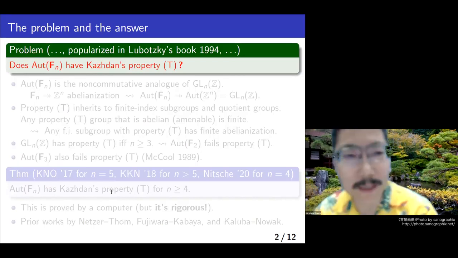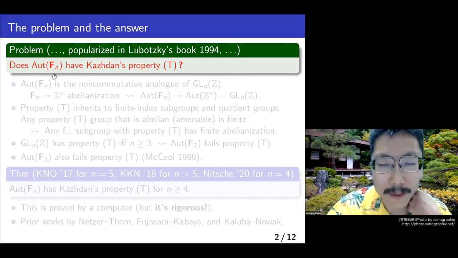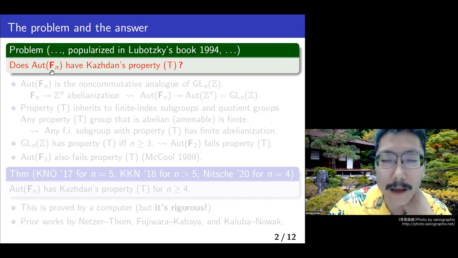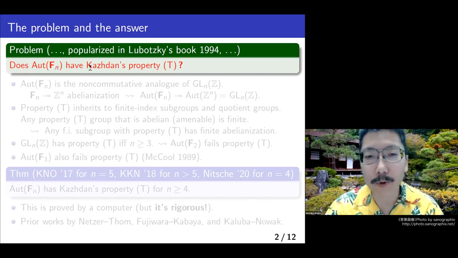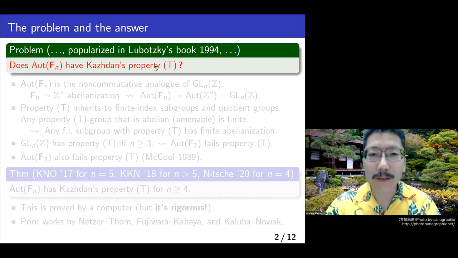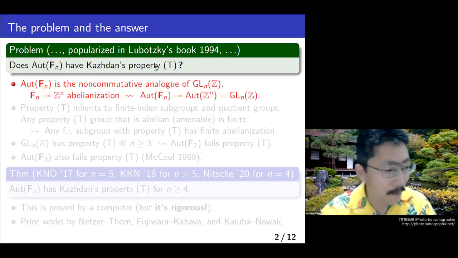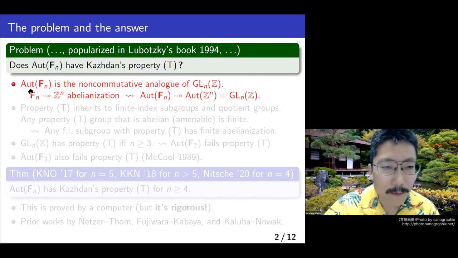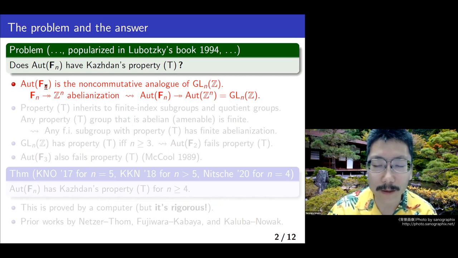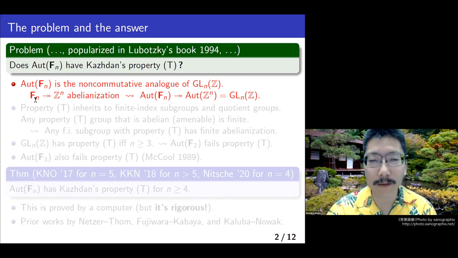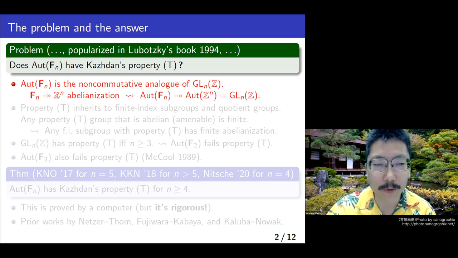Okay, the problem is, as I told you, the long-standing problem of whether the automorphism group of the free group on n generators has Kazhdan's property T. I will introduce Kazhdan's property T later, but let me say that the automorphism group of the free group is considered as a non-commutative analog or higher analog of GL_n(Z), because the free group surjects onto the free abelian group Z^n by abelianization.